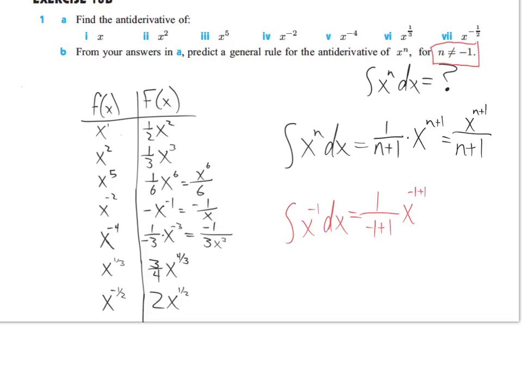It's okay to have x to the 0, but you're not allowed to divide by 0. So we have a different rule for that. Actually, you might be able to figure this out. What function has a derivative equal to 1 over x?